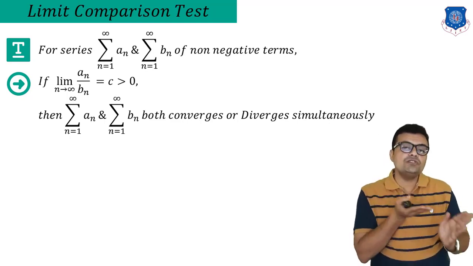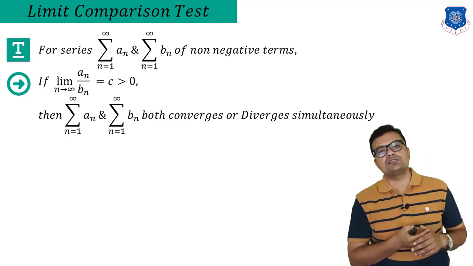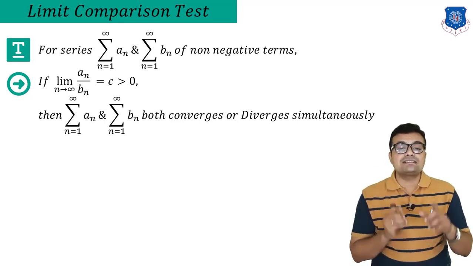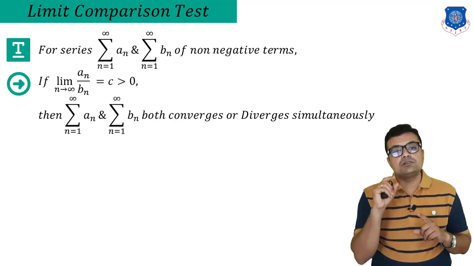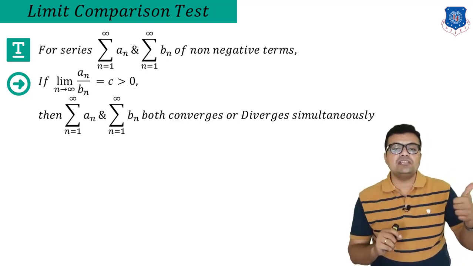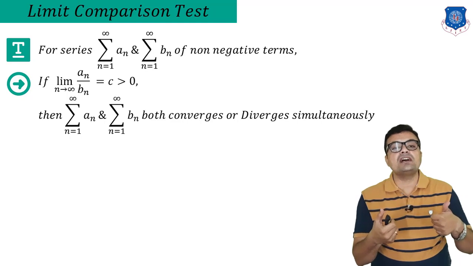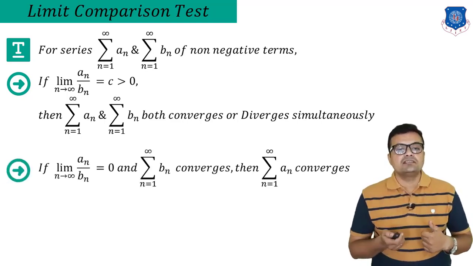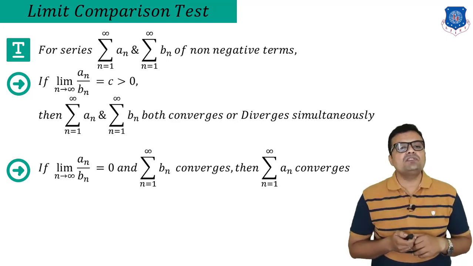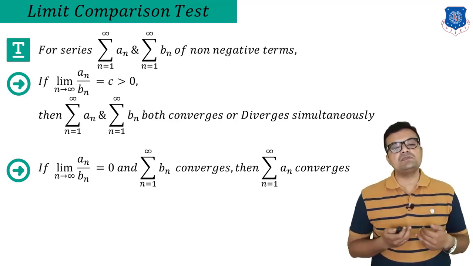And if one is moving towards 0, the other is also moving towards 0. Why? Because they are scaled by a number C. So if An is equal to C times Bn at infinity, An and Bn are behaving similarly at infinity. This is the first case. Now what will happen if An is equal to 0 times Bn?